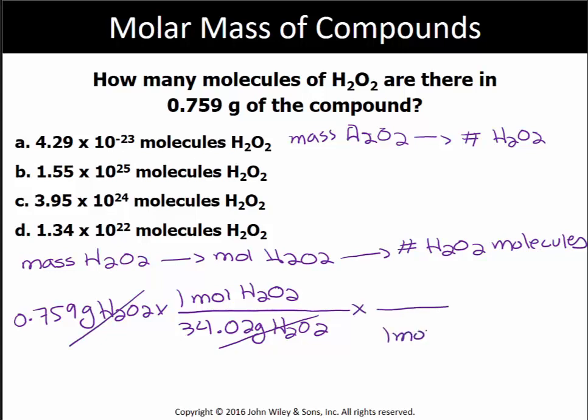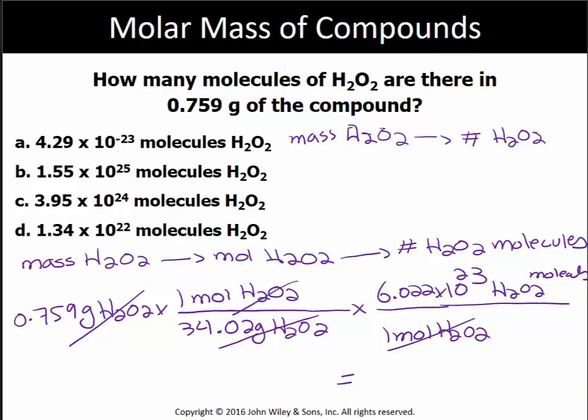And then each mole of hydrogen peroxide contains Avogadro's number of hydrogen peroxide molecules. And that should be 1.34 times 10 to the 22nd hydrogen peroxide molecules.